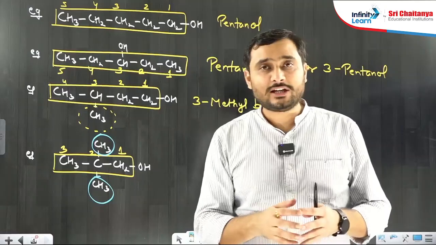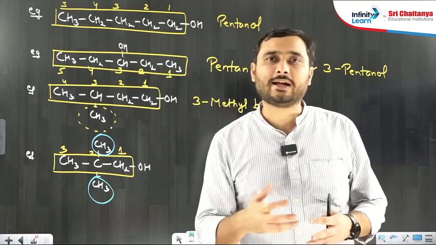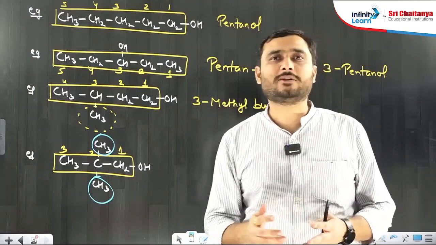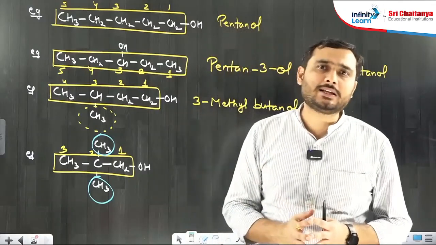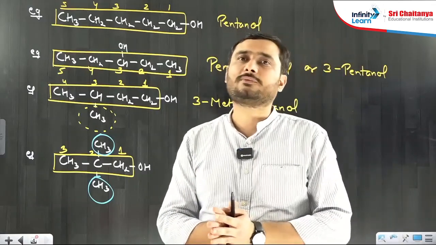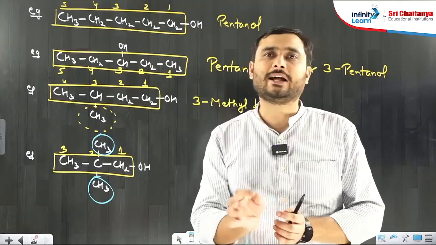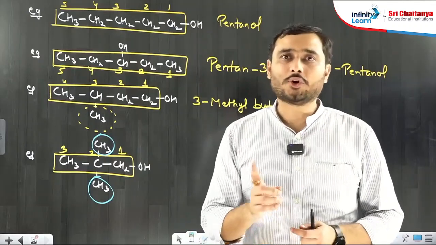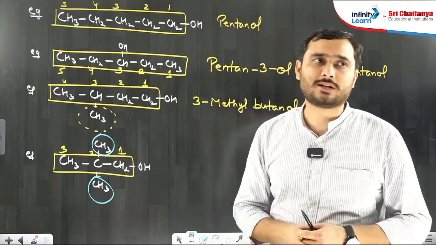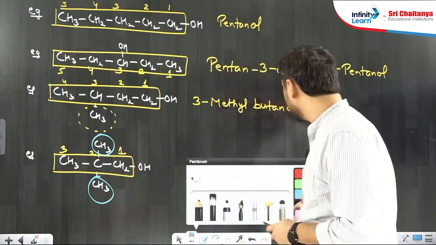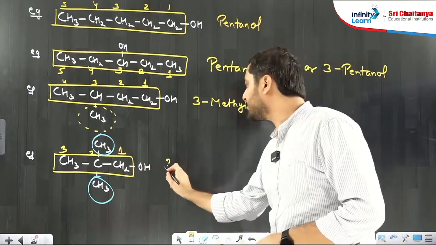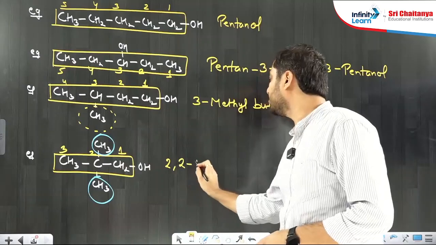Dimethyl. If 3 same are present, then what do we use? Tri. For 4 simple substituents, what do we use? Tetra. Now these di, tri, tetra, penta prefixes are used to specify the number of the same type of simple substituent, not for complex ones. This is for which substituent? Simple substituent. Now the methyls are present at which position? Second position. So first we specify the numbers of both, 2, 2.